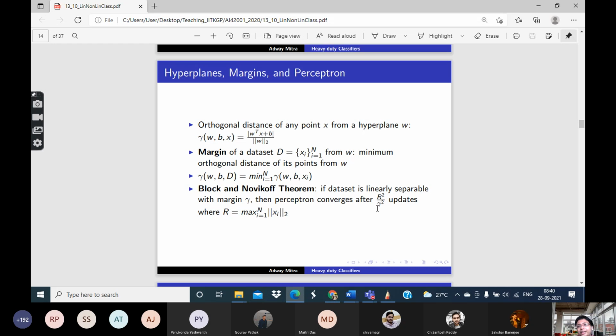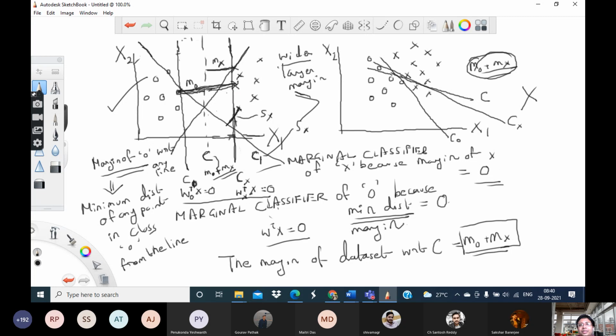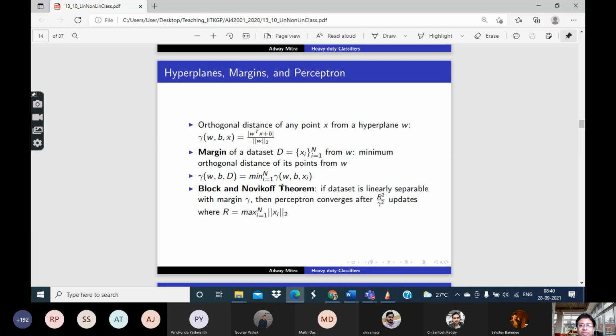So basically, the larger the margin, the fewer updates you need to make. For good reason also, as we said, a larger margin means it is easier to find a separating hyperplane, and a smaller margin means it is more difficult to find the hyperplane. That is what is being said by this Novikoff theorem.